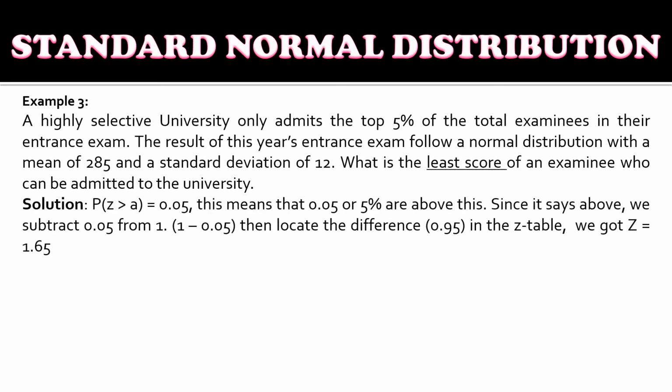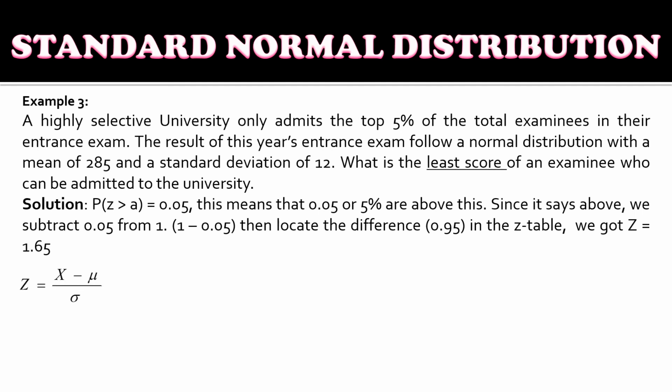For the solution, we have the probability of Z is greater than A equals 0.05. So the 5% is the 0.05. This means that 5% are above this. Since it says above, we subtract the 0.05 from 1. Then we locate the difference, the 0.95 on the z-table, and we will have 1.65 for the value of A.